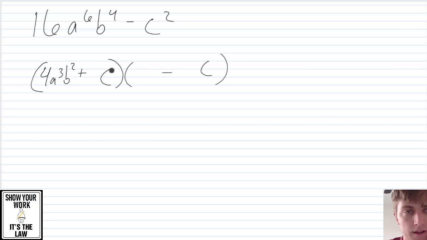Yep, that's right. 4a cubed b squared. And if you notice, we do still have a square term plus and minus a constant. So in theory, you could break this down one more step. It just wouldn't be practical because then you can't really take the square root of c. You could, but it wouldn't add anything to what we've already simplified it to.